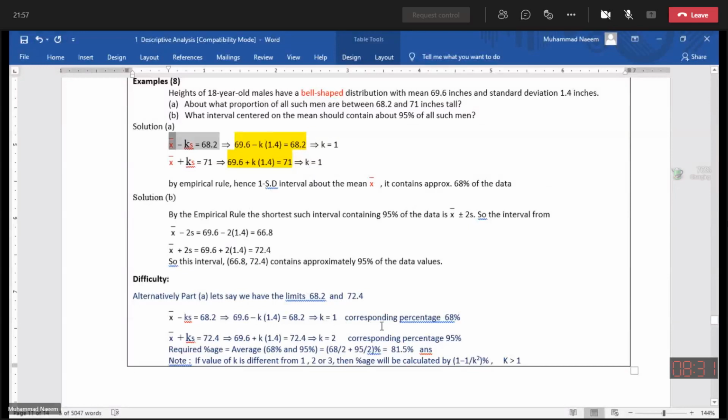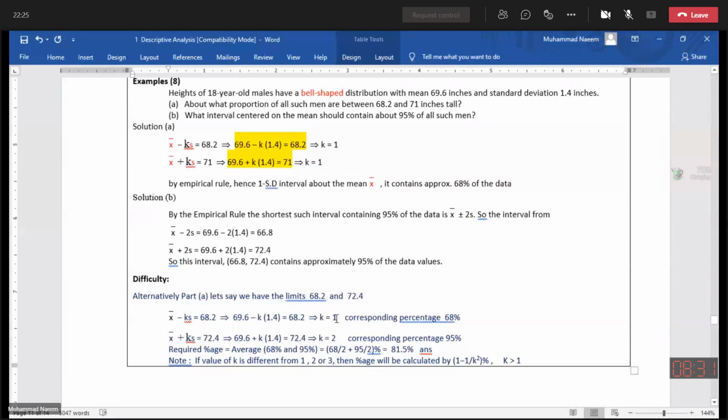And we get different values of k. For example, if the limits given are 68.2 and 72.4, then solving one equation we get k equal to 1, and solving the other equation we get k equal to 2.